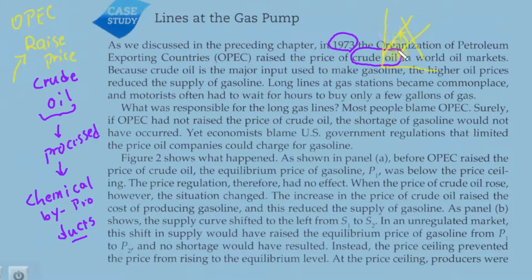According to the graph of supply and demand, we have already studied this. One way to increase the price is to reduce the supply. So they decide to reduce the supply. Then according to economic theory, the price increases.